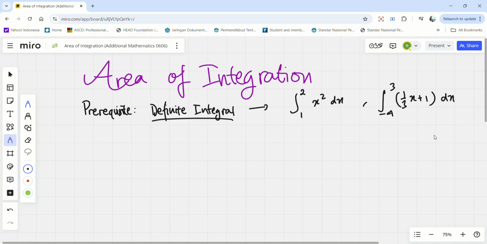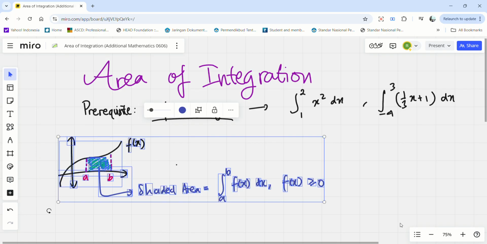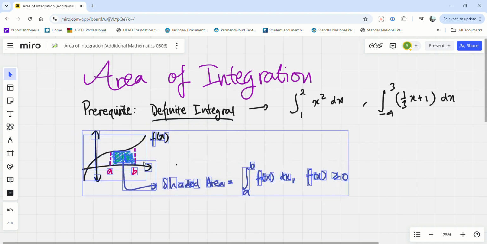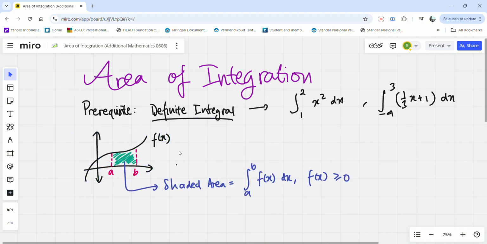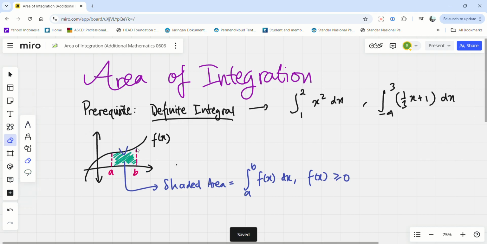When it comes to the area of integration, the concept that we need to pay attention to is this. Whenever we have a function, let's name it f(x), then we can find the interval of x from a to b, and you can see that there is an area in between, the one with the green color.